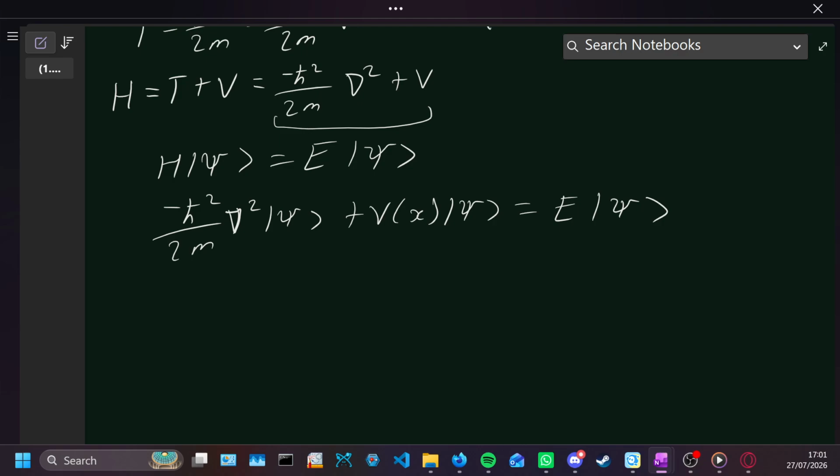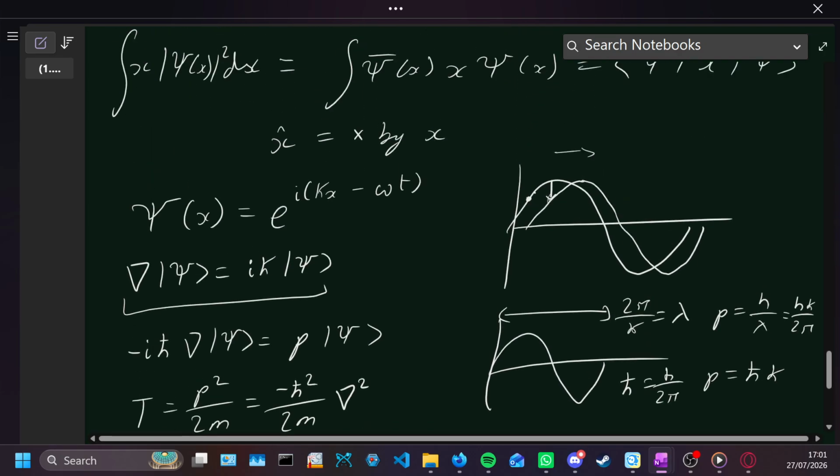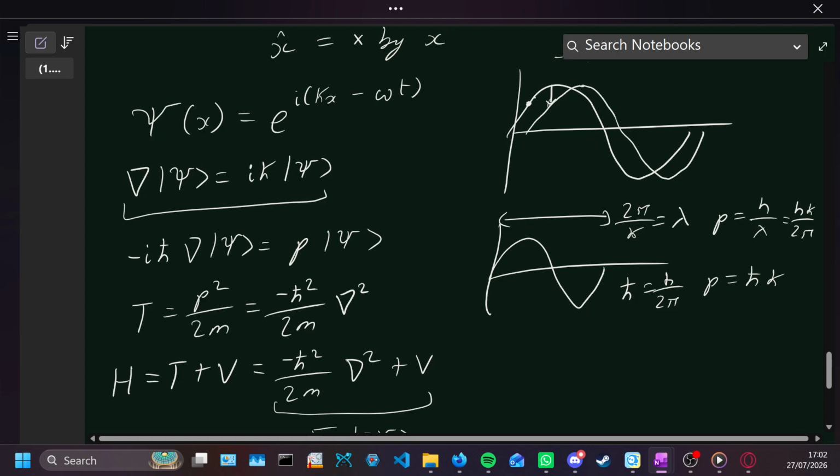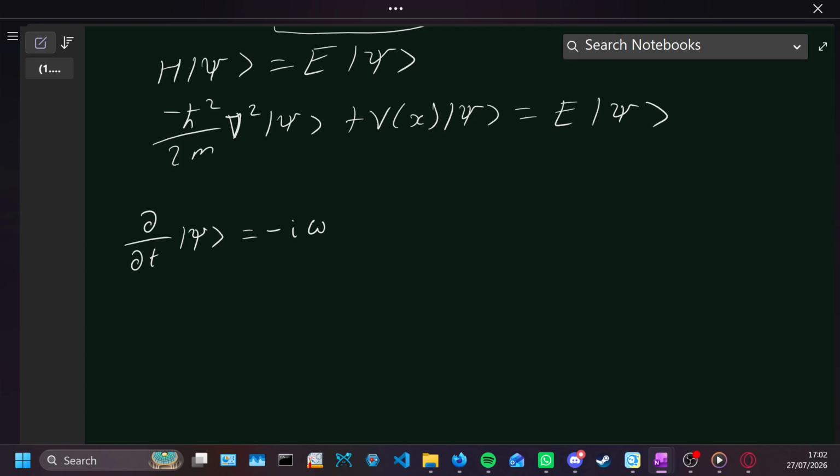For now, I want to look at E, because if I, instead of taking a derivative in space, took a derivative in time of psi, just a reminder, this is psi, I would get negative i omega psi.